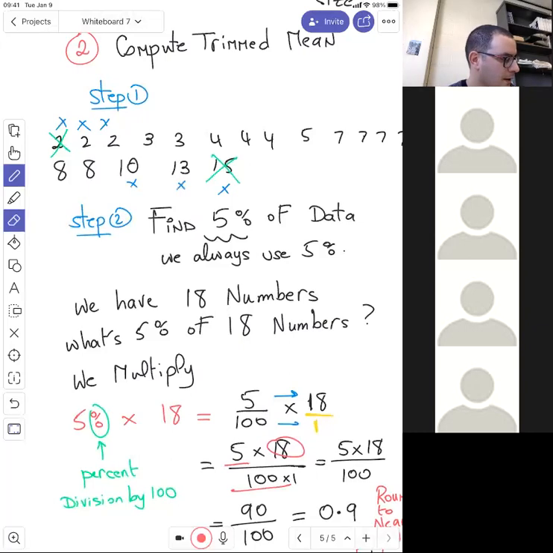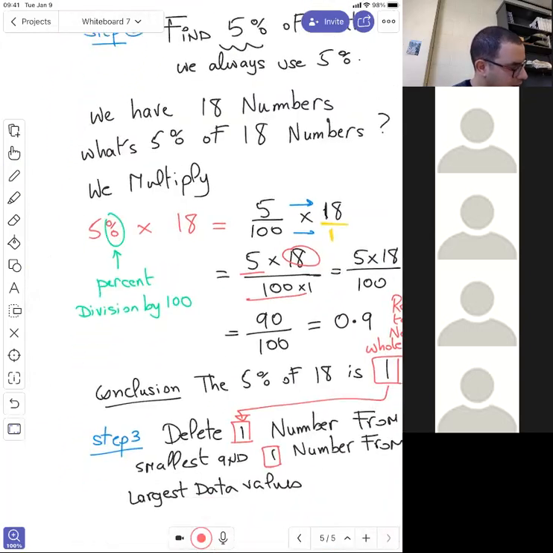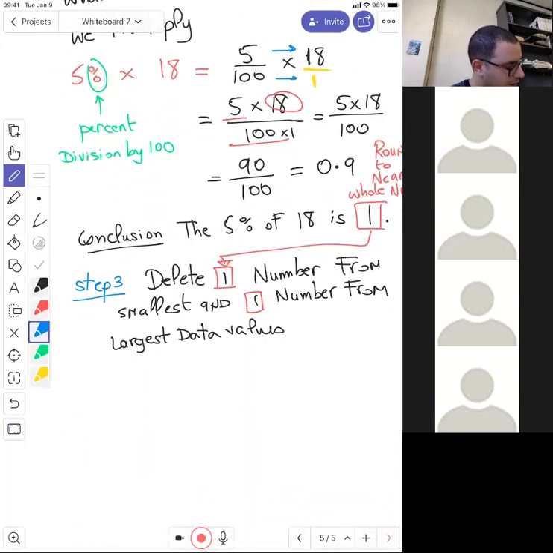All right, now we need to compute the new mean after deleting the 2 and the 15.